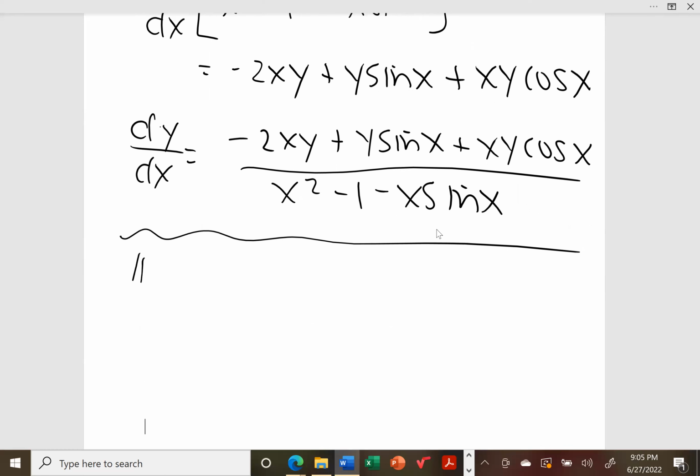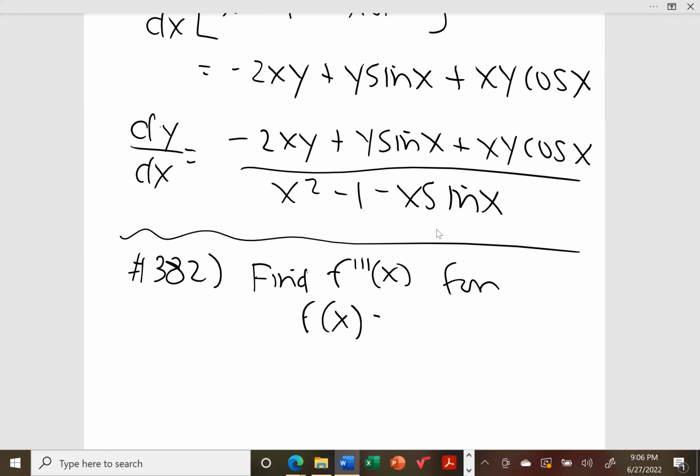All right, now number 382 is, oh, now this is interesting. We're being asked to find the third derivative for f of x equals, oh boy, (3x plus 2) squared.